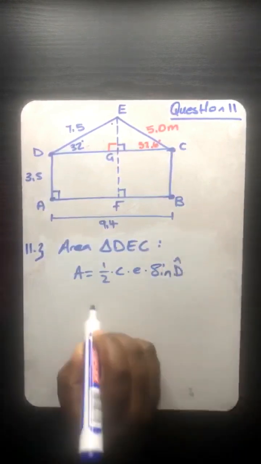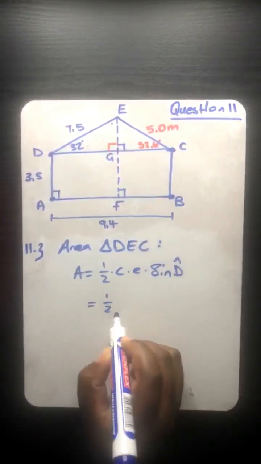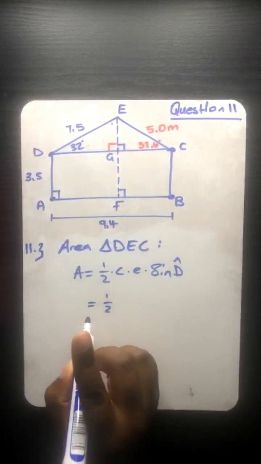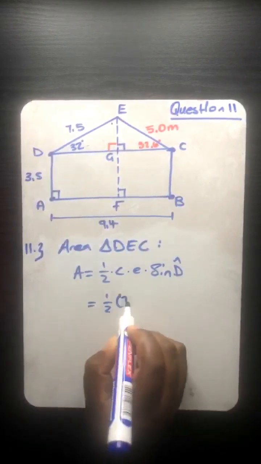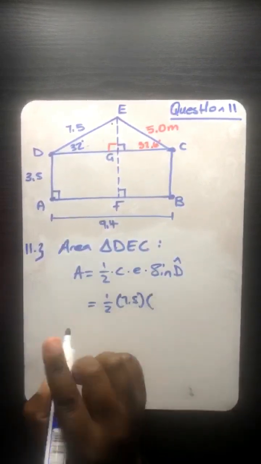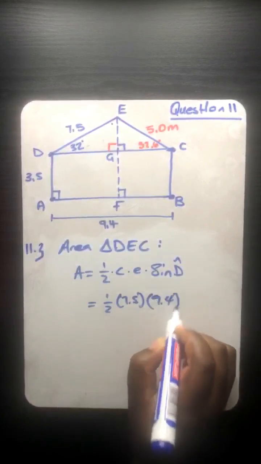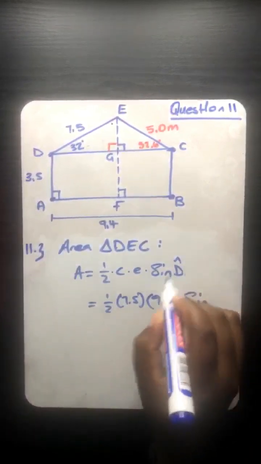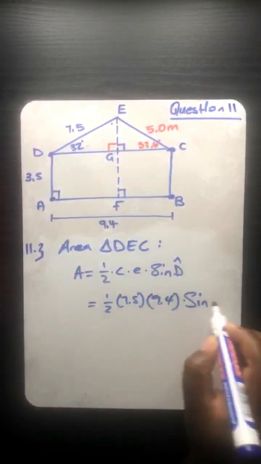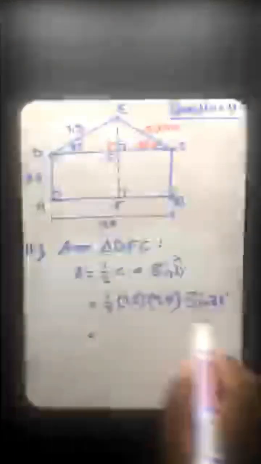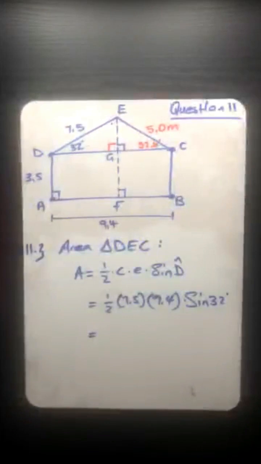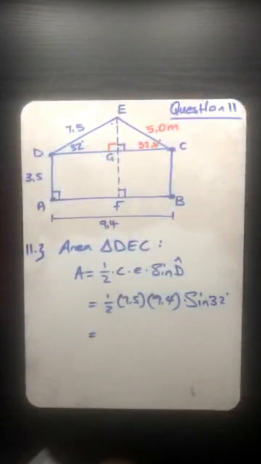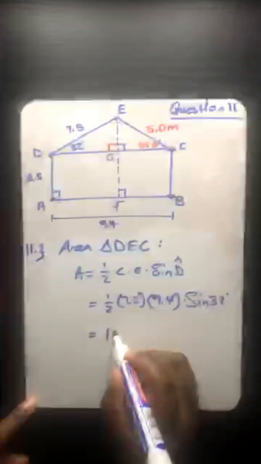Yes, and then let's substitute. That one is this one, and that one is this one. That one is 32 there. Okay. What is the answer there? It's 18.0 units squared.